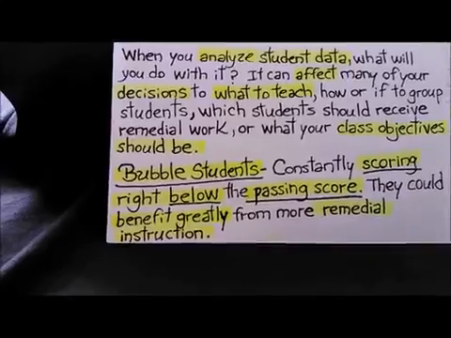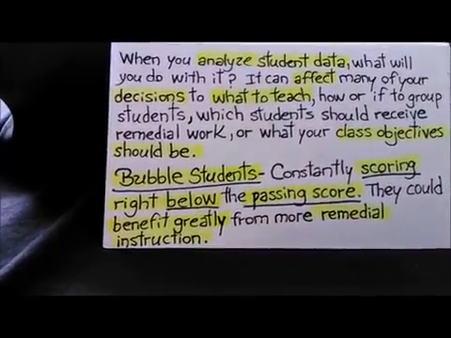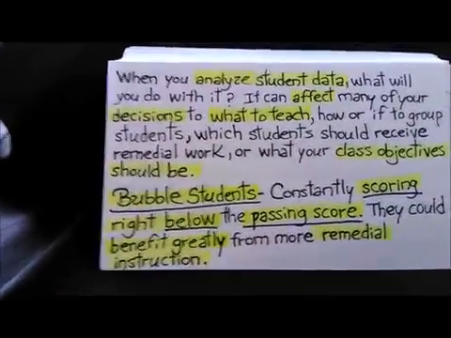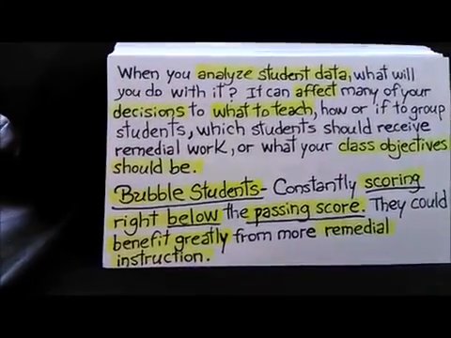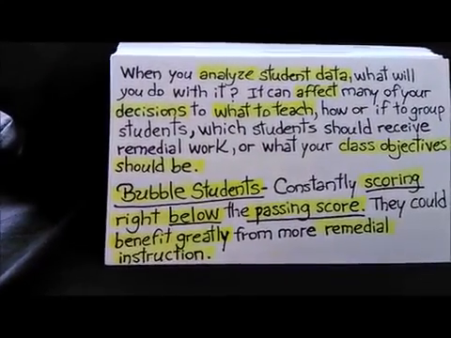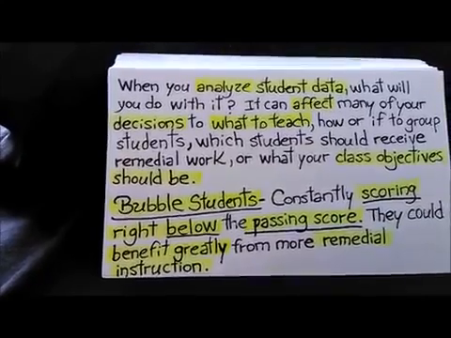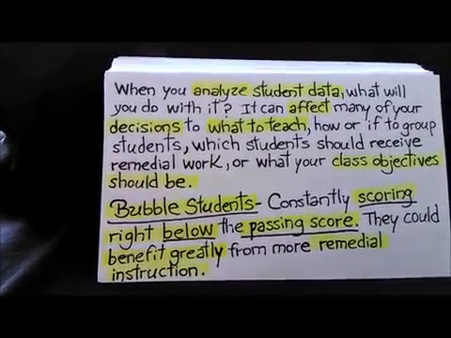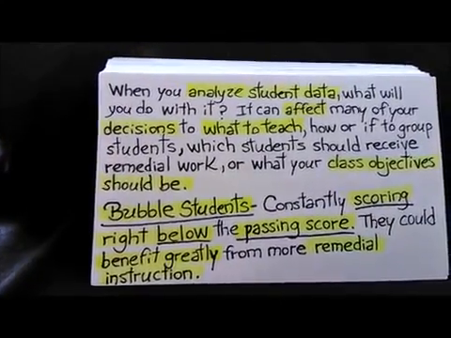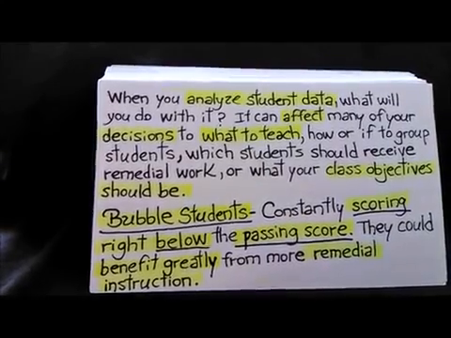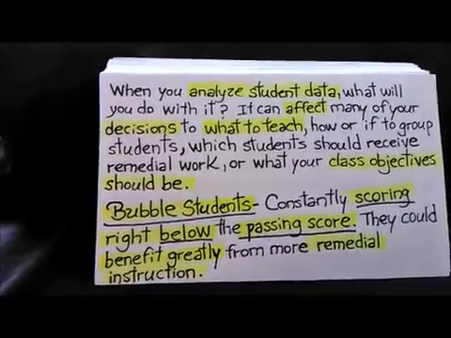When you analyze student data, what will you do with it? It can affect many of your decisions: what to teach, how or if to group students, which students should receive remedial work, or what your class objectives should be.